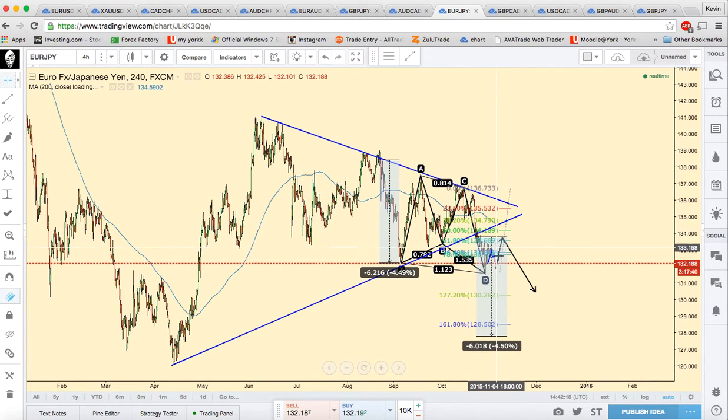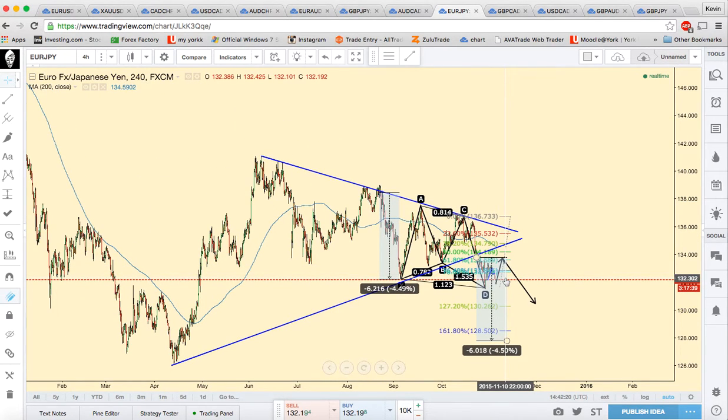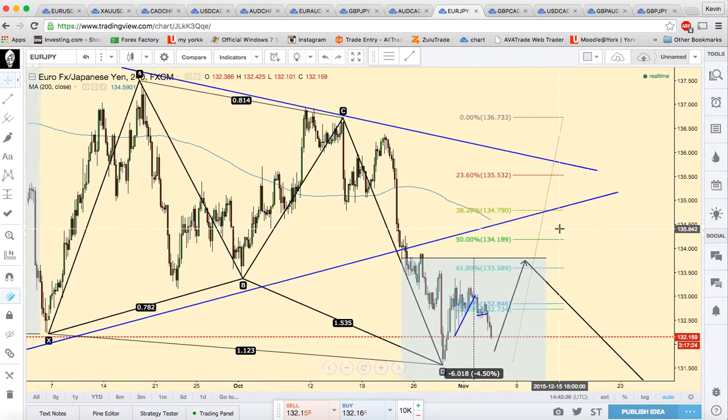My initial target for this whole pair will be at least 130.50, 130.40 ish. So I'm still bearish on this pair, the EUR JPY. So we have to see how this is going on.